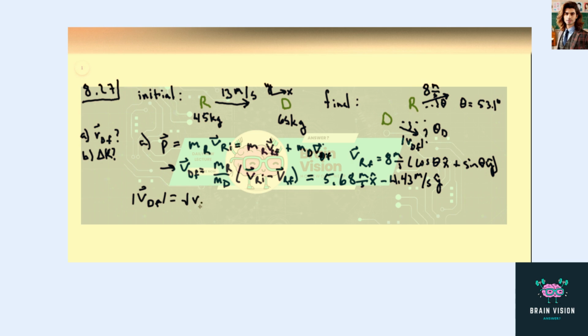Just like for any vector, the magnitude is the square root of the sum of the components squared. And we find that this is 7.20 meters per second.